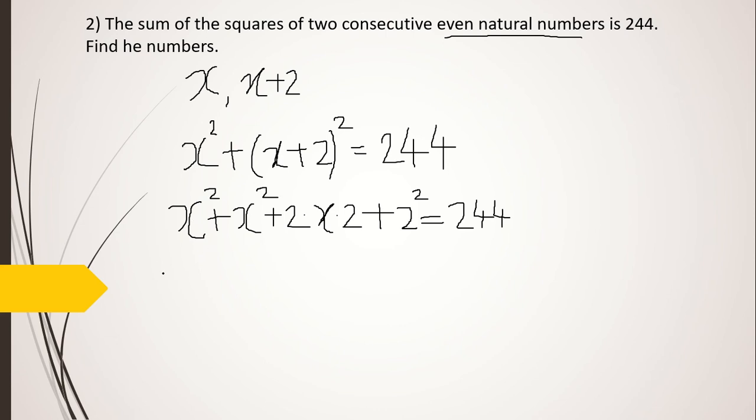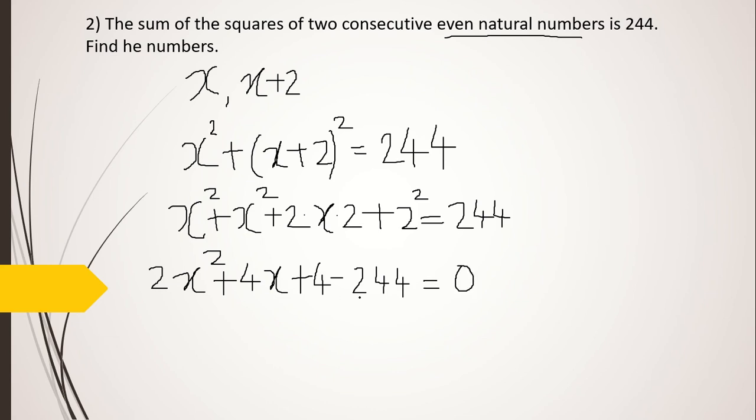X square plus x square will be 2x square. Now 2 2s are 4, so that is going to be plus 4x plus 2 square is 4, and bring that 244 to this side, so it is going to become minus 244 equals 0.